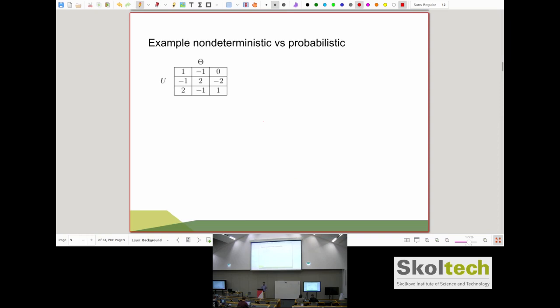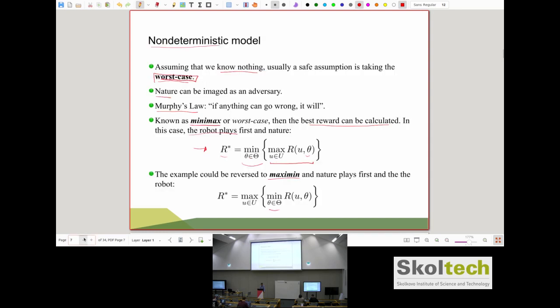So let's see this in one example. If we go to the non-deterministic case, the min max was written like this.